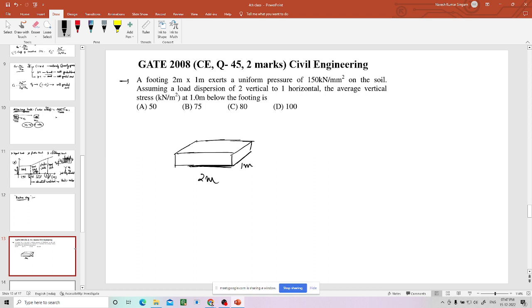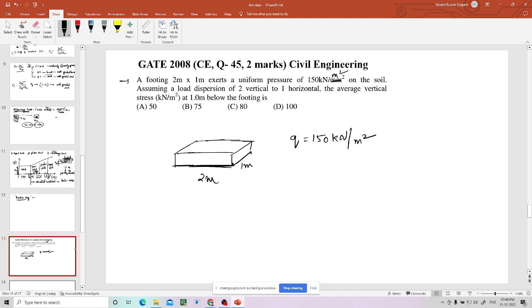It exerts a uniform pressure of 150 kilonewton per mm square. Actually this is meter square, I think. Maybe it's not mm square. So it is exerting a pressure below this footing. How much? Let us say small q, 150 kilonewton per meter square, just below this.